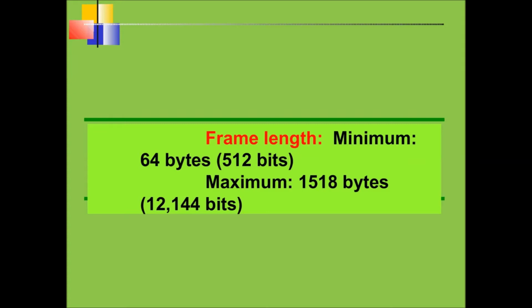If there are more than 1518 bytes, then another frame is developed, or you can say slicing of frame will be according to the maximum of 1518 bytes. So frame length is fixed, and after completing a specific length which is a maximum of 1518, another frame is being developed.